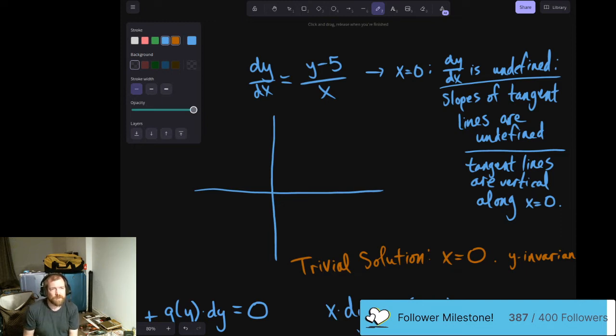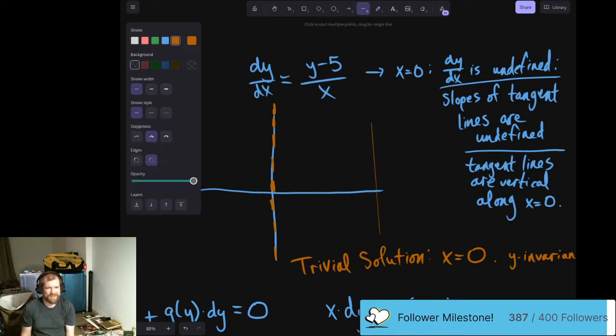Create a slope field that says, okay, what would the tangent lines look like at any particular location? So we know right now our tangent lines along x equals 0 are going to be vertical themselves. When you're doing these sorts of things, you eyeball it a lot, so it's not like it particularly matters that it's not straight, but we could always just use the actual line tool and create a straight line. It's fine.